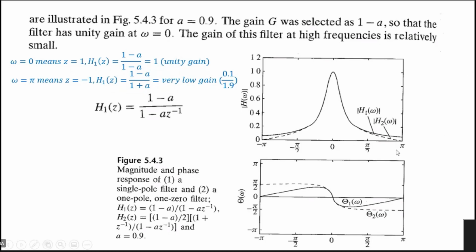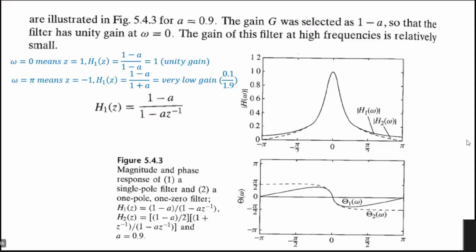That means for H2(omega), we will see at omega is equal to pi, it is absolutely 0. Another transfer function, which is also a low pass filter, has gain 0 at omega is equal to pi. So how is it designed?